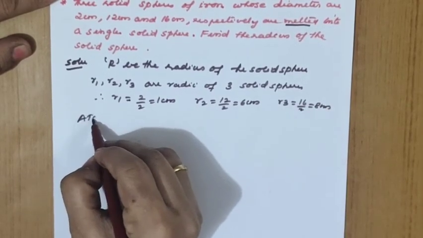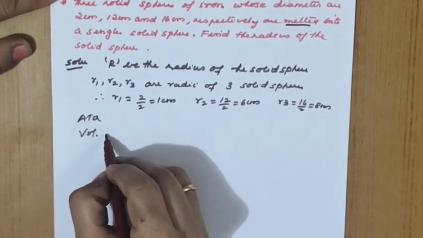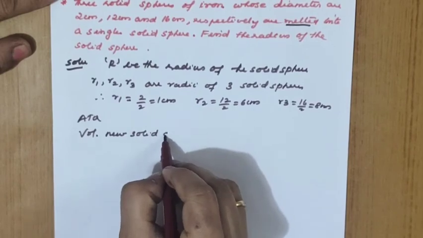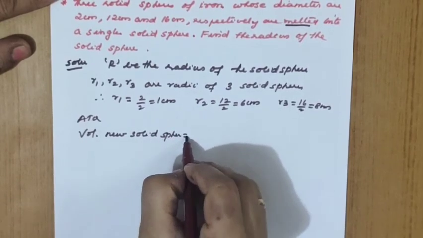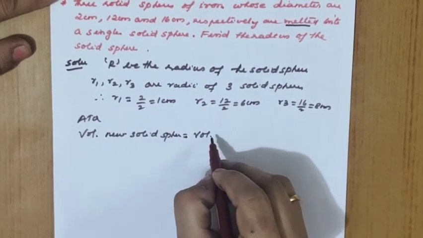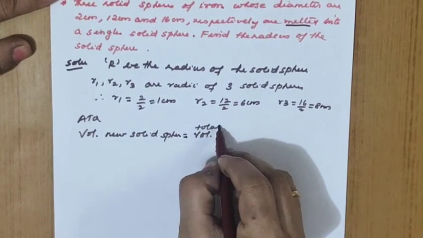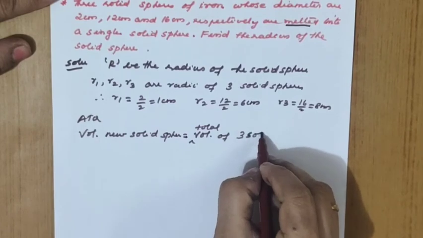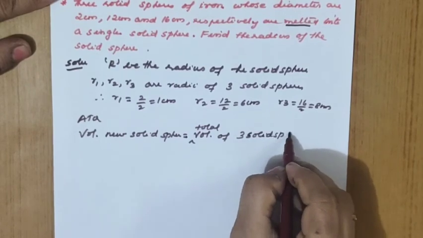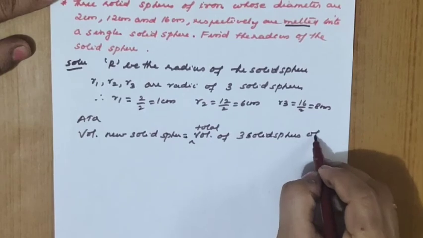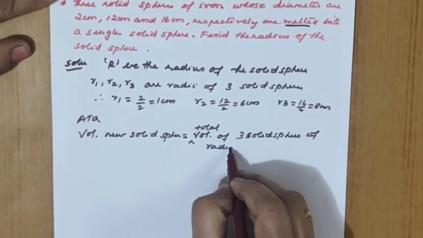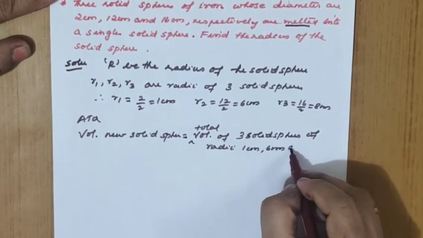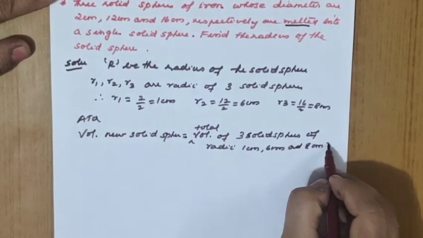According to the question, volume of the new solid sphere equals the total volume of the three solid spheres of radii 1 centimeter, 6 centimeter and 8 centimeter respectively.